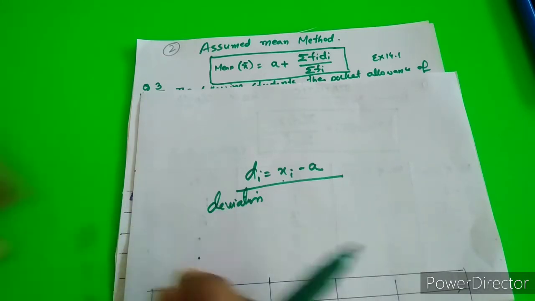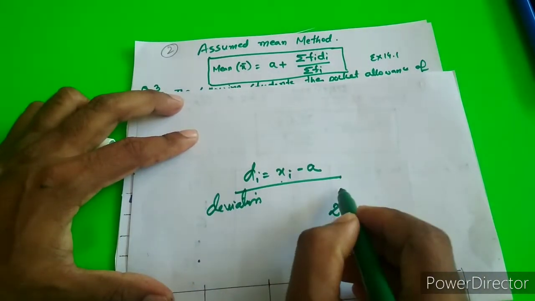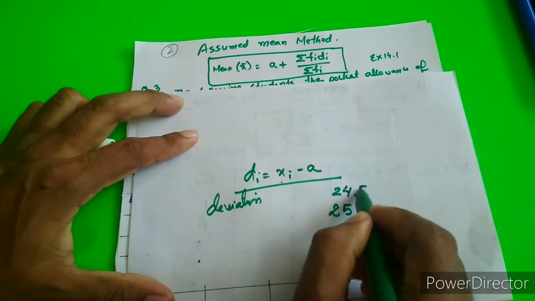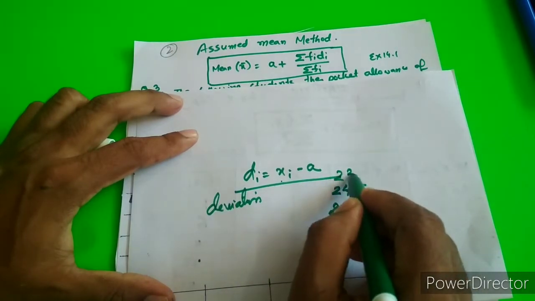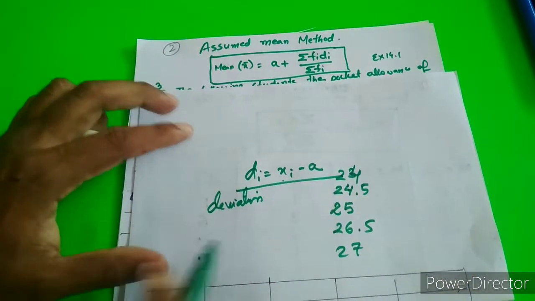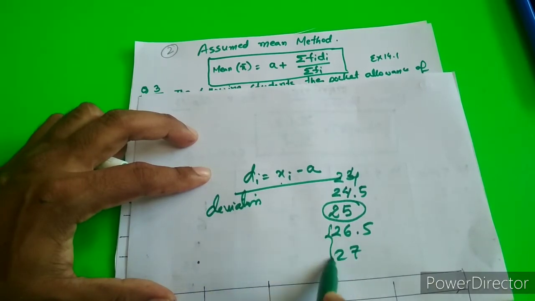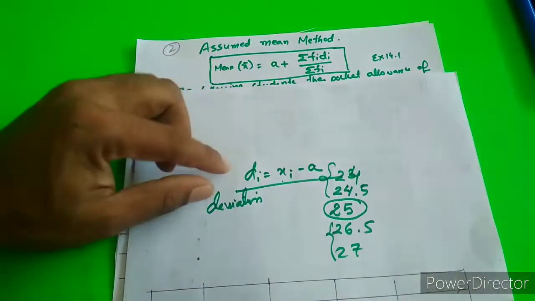So here also in deviation, for example, the product value is 25. If we have a price like 24.5, 26.5, 27, 23 or 24, the original amount is 25. Up to how much value can we deviate? That's what is called deviation.